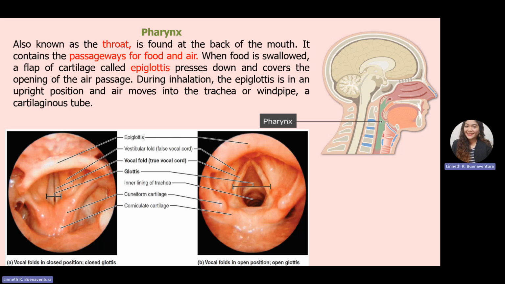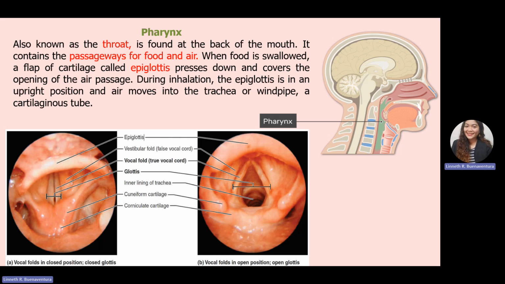This is the second part where the air will flow, which is known as the throat. It is found at the back of the mouth. So the nostril, the nose, and then the pharynx. It contains a passage for food and air.